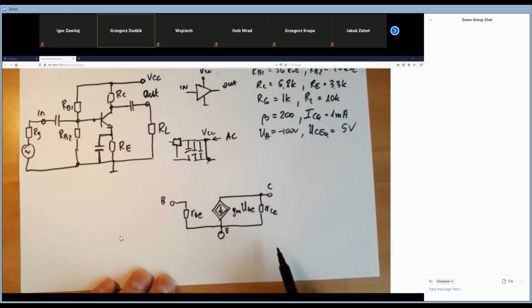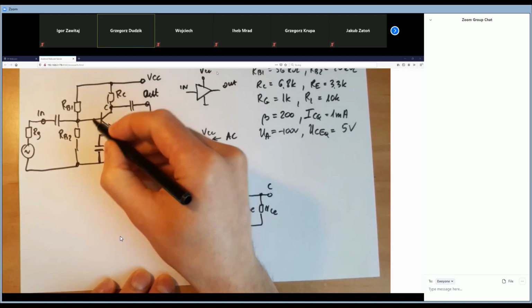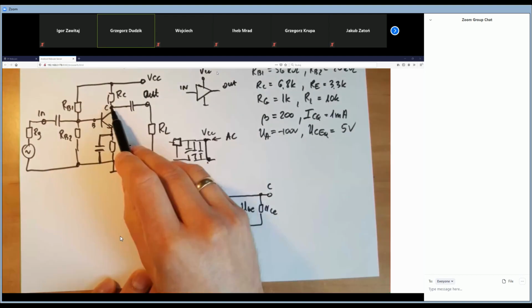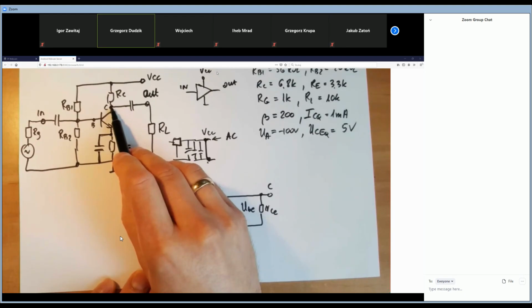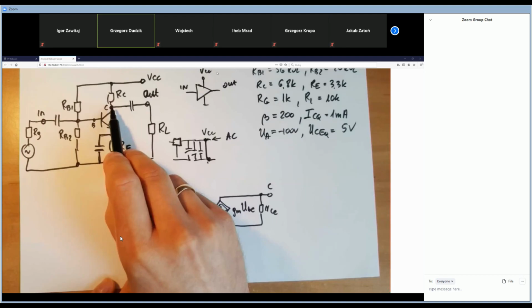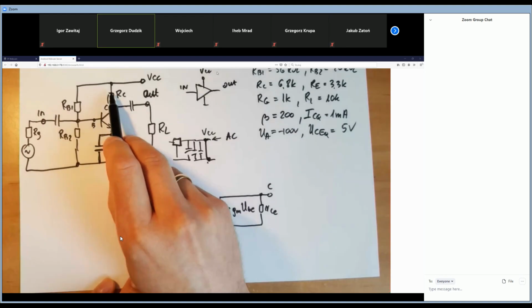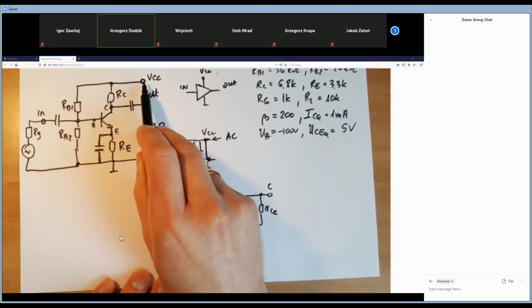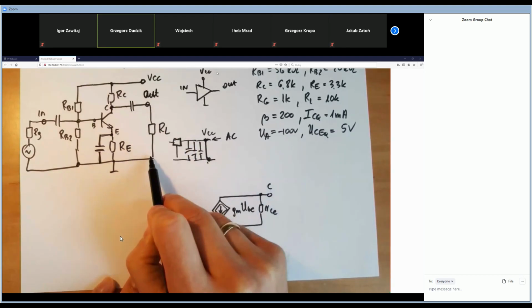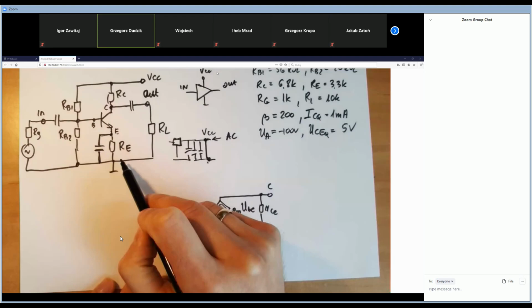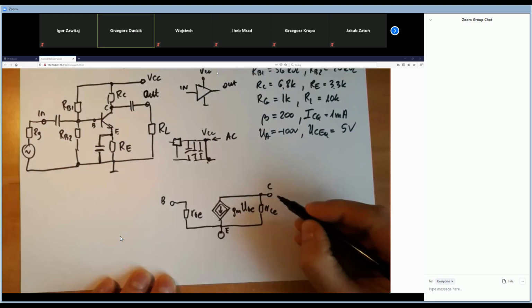Okay, we have the collector here, and the base and emitter here. From the collector, I see the RC resistance connected to it. And look, the second terminal of the RC is connected by the VCC to the ground, because for the AC signal VCC is a short circuit to ground.